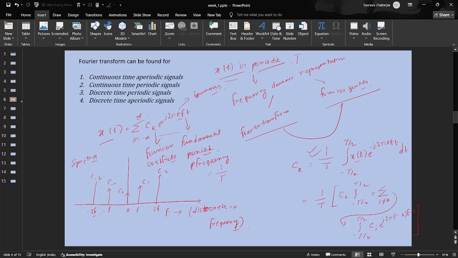Whenever I am converting this into frequency domain, that means I have a frequency domain value only at these particular frequencies, which are the integer multiples of its fundamental frequency. So these are what I am calling spectral components. That's essentially nothing but the Fourier coefficients.